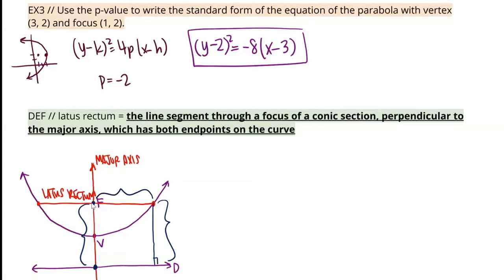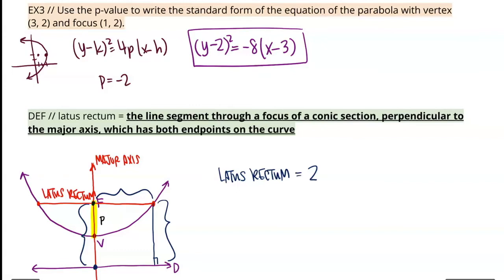Okay, so the length of the latus rectum, if I go all the way across from one point to the other, it's going to be 2 times the length from the focus to the directrix. Now, we said our p-value is, let me highlight, this distance is p.